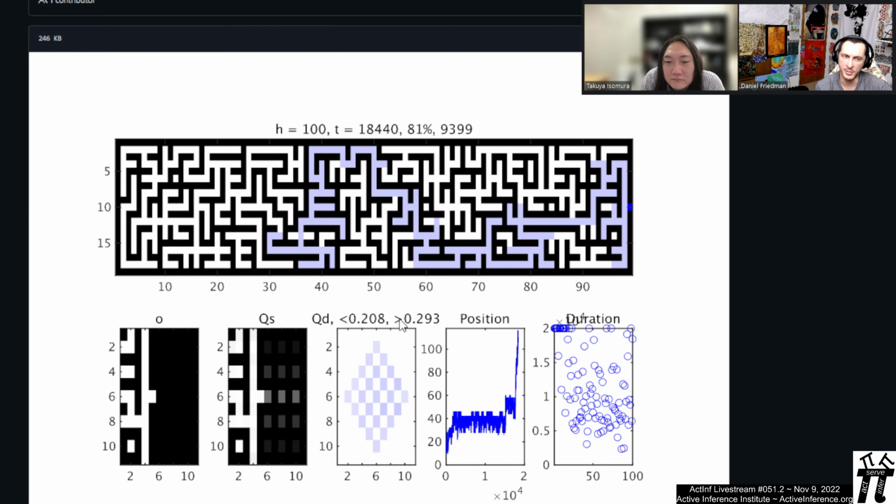What are the numbers in this middle bottom plot? And what does the checkerboard represent? Here, QS and QD correspond to the posterior expectation about the state and the decision. The middle panel indicates the decision posterior. We characterize a decision as a sequence of four-step actions. Each action corresponds to a movement right, left, up or down.